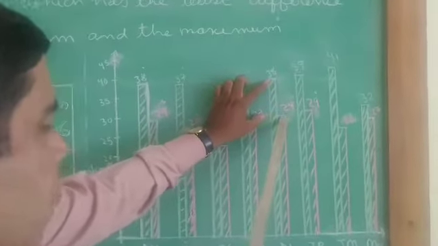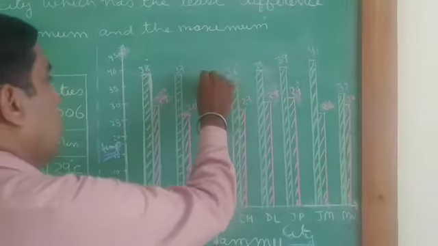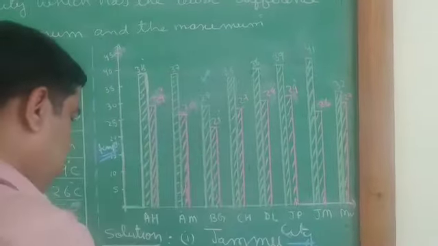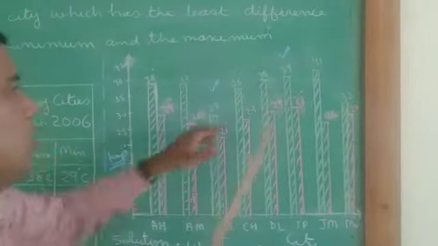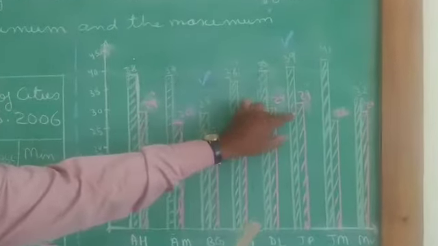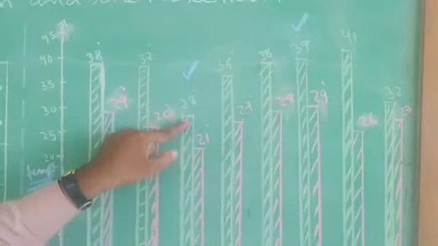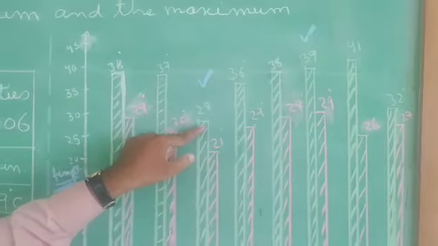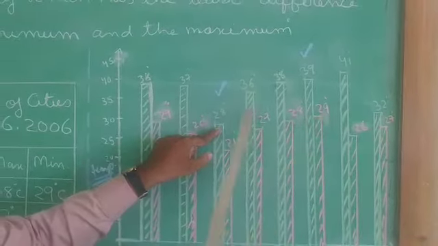Bangalore is this one, and Jaipur is this one. Now you compare this. Jaipur's minimum is 29, and Bangalore's highest is 28. So the lowest temperature of Jaipur is also more than the maximum of Bangalore. You can see here 29, 28.